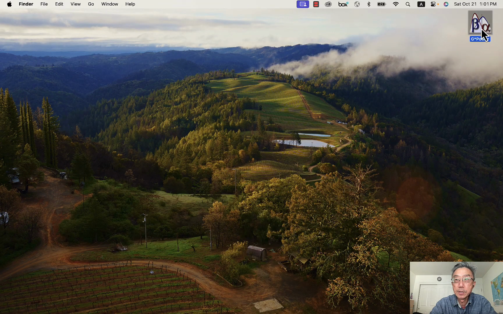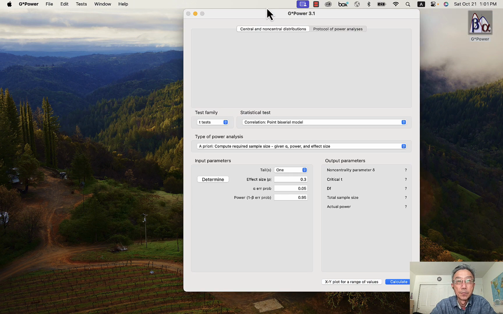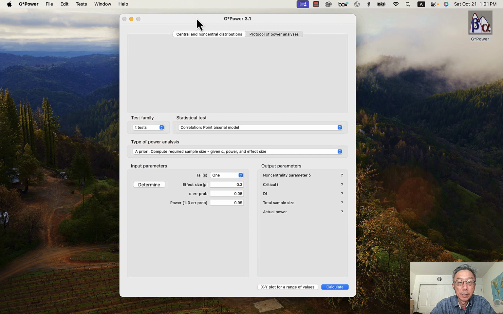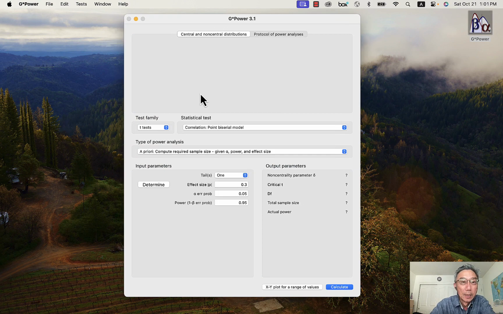Okay, so here is G-Power, and it opens up a window. The first thing you want to do is specify what kind of test you want to conduct, the statistical test.